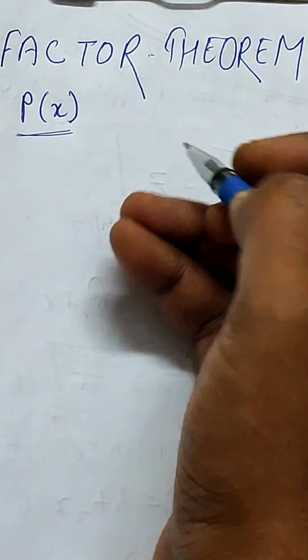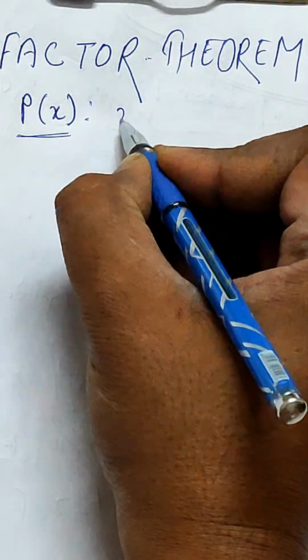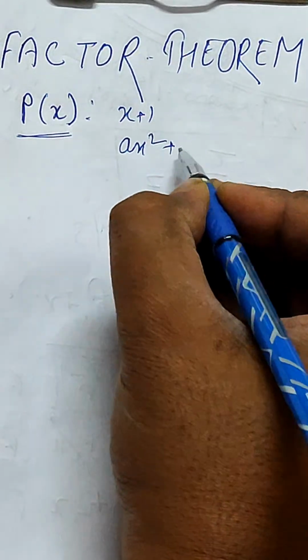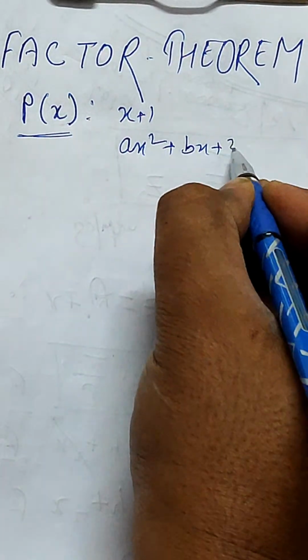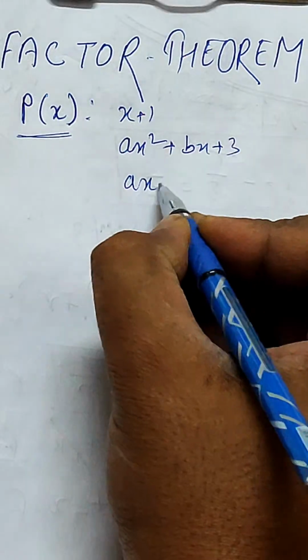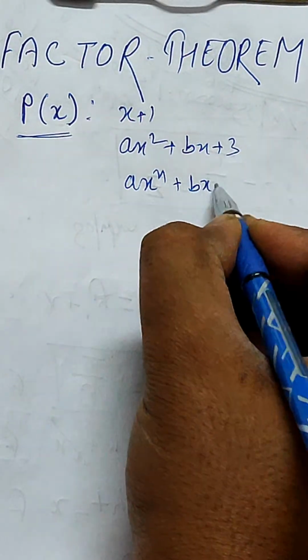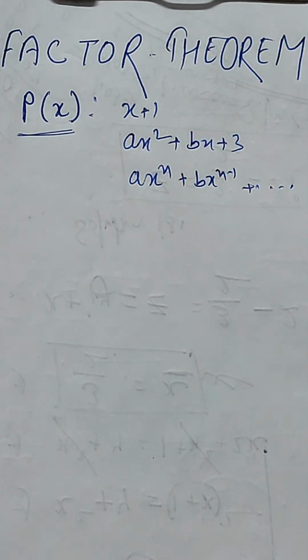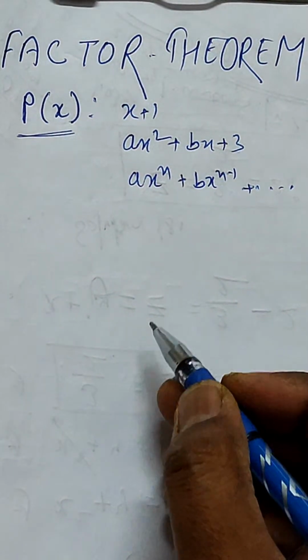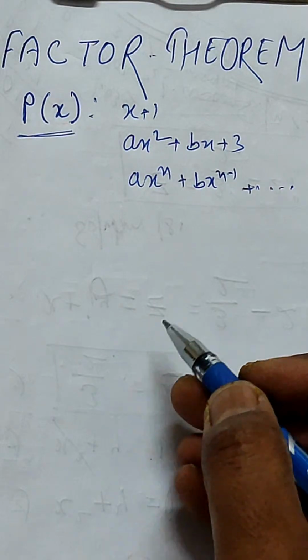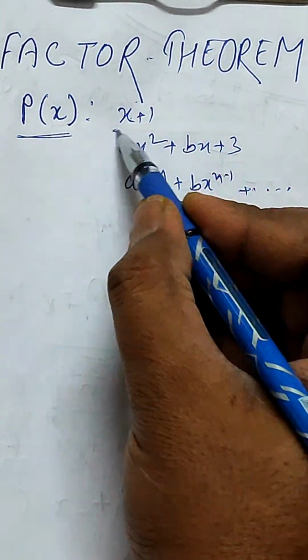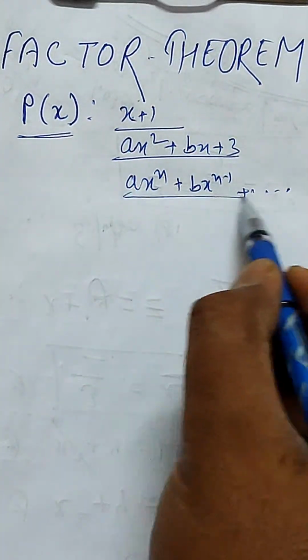So it can be x plus 1, it can be ax square plus bx plus 3, or it can be ax^n plus bx^(n minus 1) plus and so on. So it can be any polynomial. For any polynomial, the variable's highest power is its degree, so a degree greater than or equal to 1.